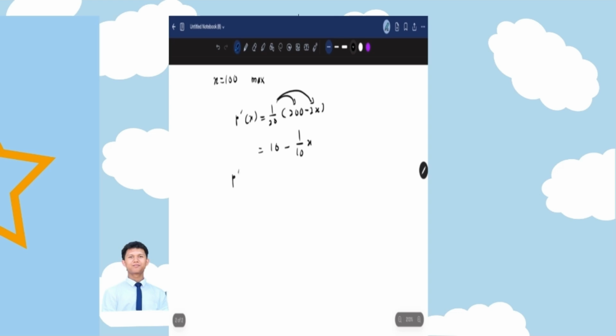Therefore, P double prime x will be negative 1 over 10. And since negative 1 over 10 is less than 0, therefore x equals 100 is a maximum.